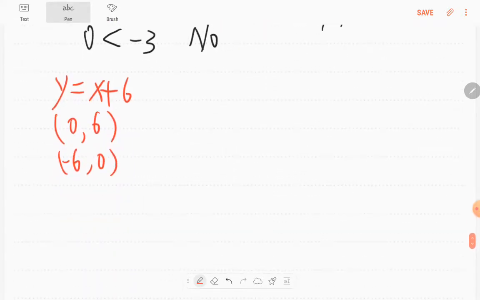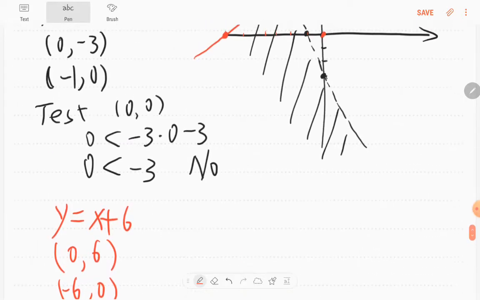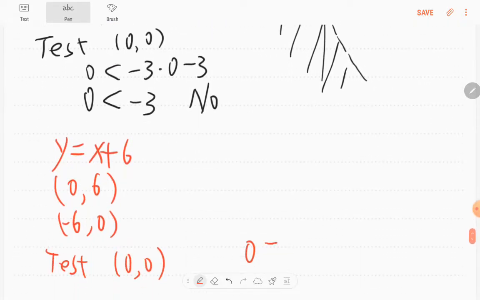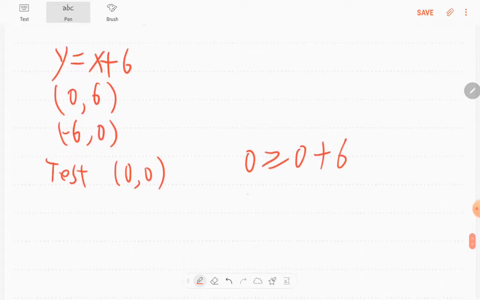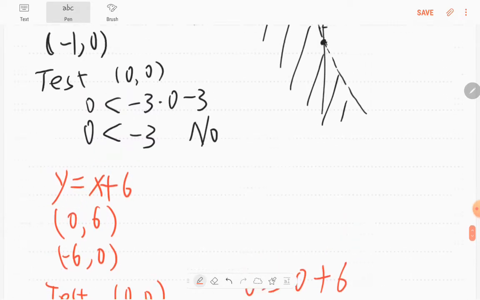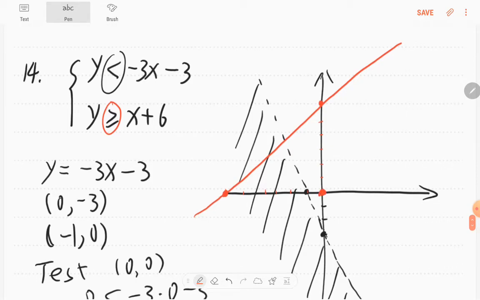So we plug in 0, 0. You have 0 greater than or equal to 0 plus 6. So you get 0 is greater than or equal to 6. No, this is not true. That means the half plane containing this point would not be the solution part. So it should be the other part.